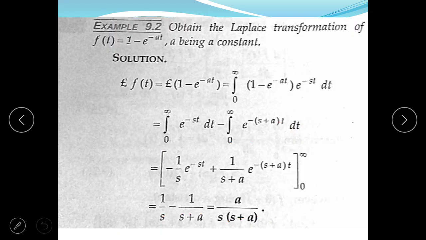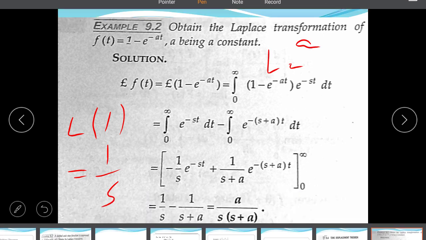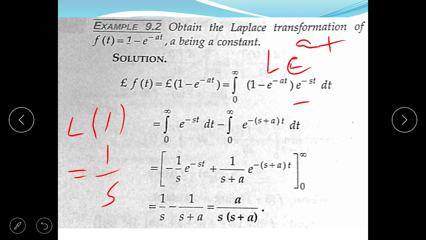Now next question is, obtain the Laplace transform of the function f(t) is equal to 1 minus e to the power minus at. We can write according to linearity: Laplace of the unit step function is 1 by s, and Laplace of e to the power minus at is equal to 1 upon s plus a.